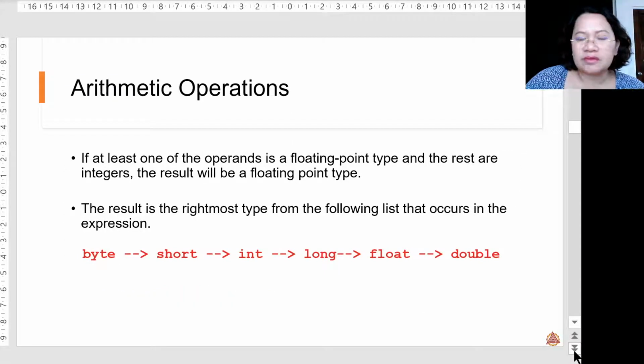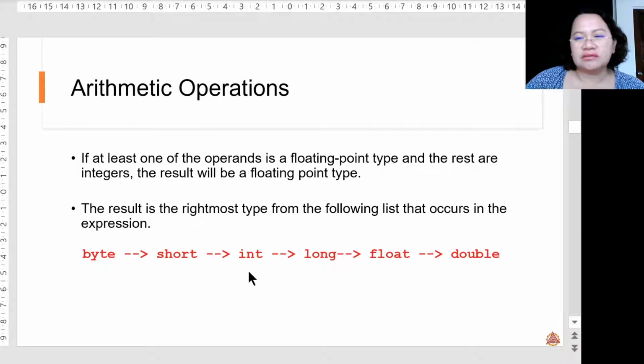Okay. So for arithmetic operations or other arithmetic expressions, when you have several values mixed in one expression, then kung at least any one of the operands is a floating point, automatically may mong floating point ang iyang result, ang data type sa imong result.